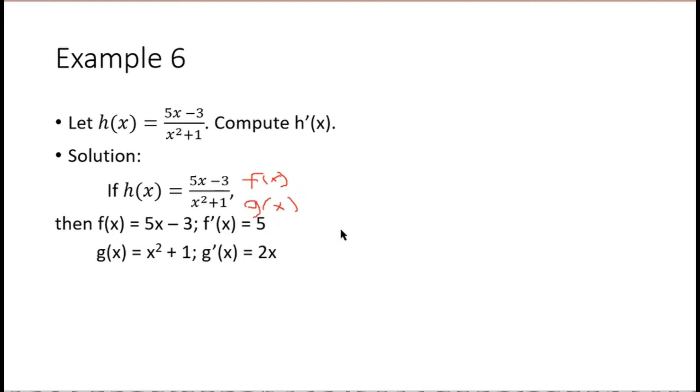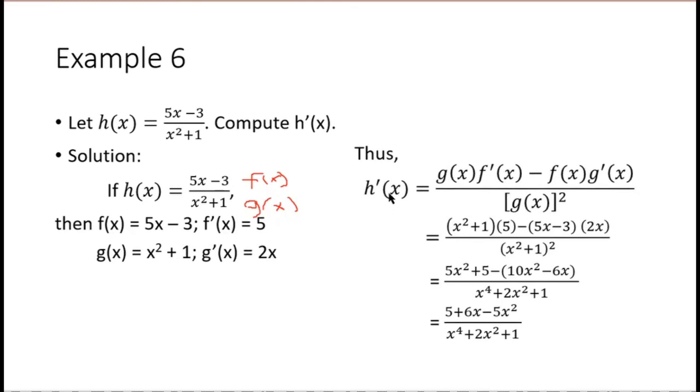Then, i-apply natin yung definition. Thus, the h prime of x is equals to g of x times f prime of x minus f of x times g prime of x all over g of x squared. So, given function g of x, x squared plus 1, derivative ng f of x ay 5 minus f of x, 5x minus 3, derivative naman ng g of x ay 2x all over g of x, x squared plus 1 square.